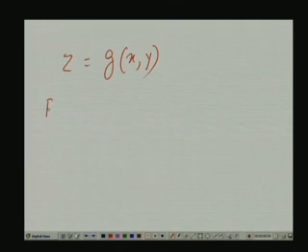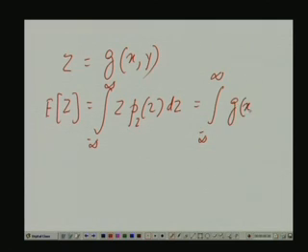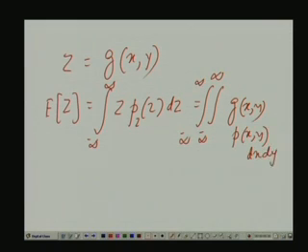Then this will be nothing but the expected value of g of x y.